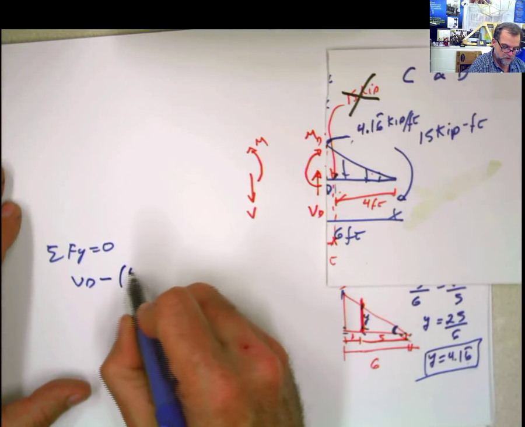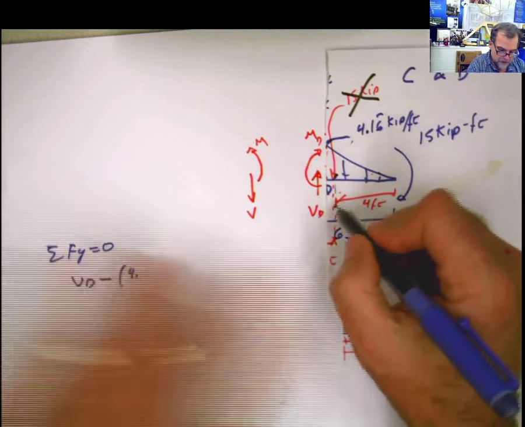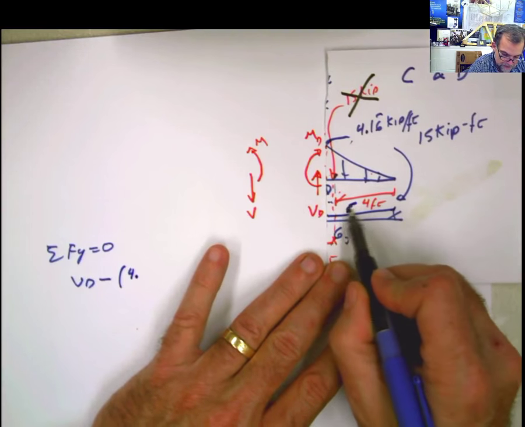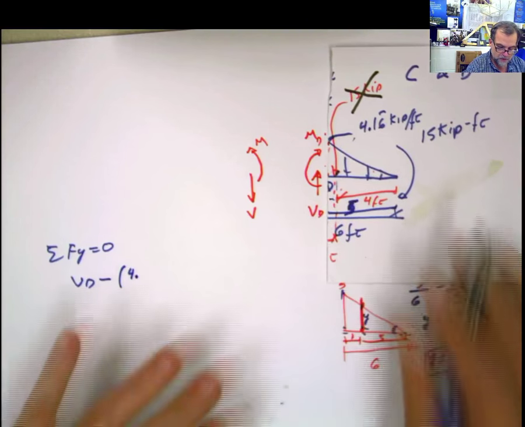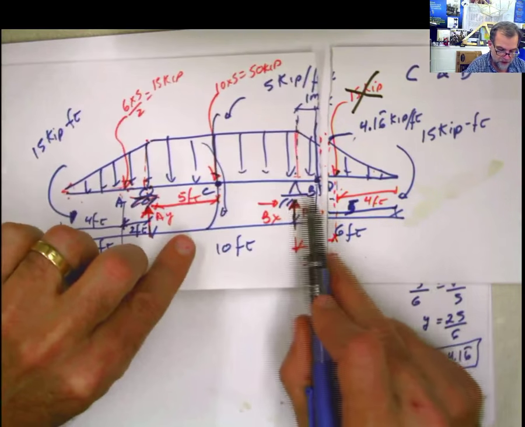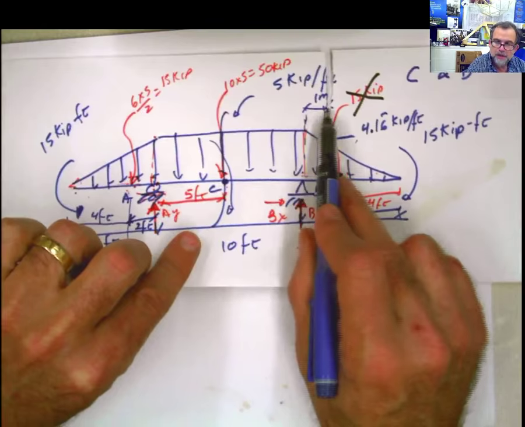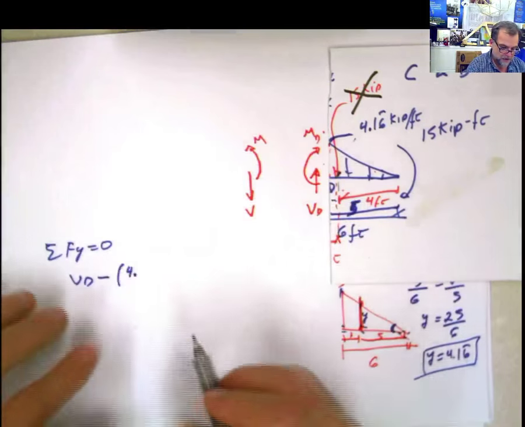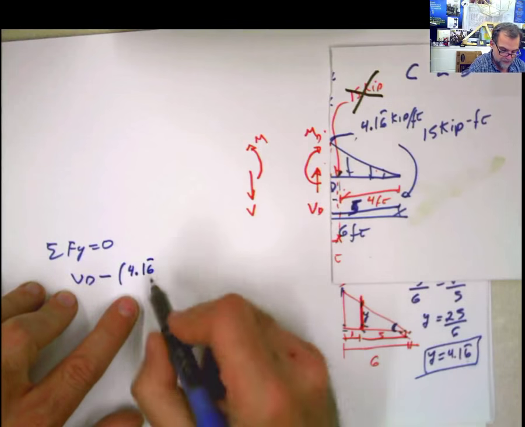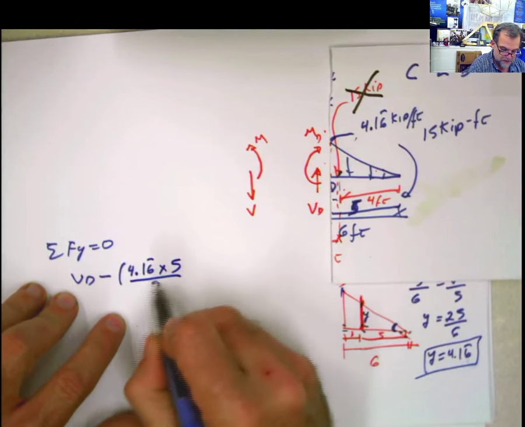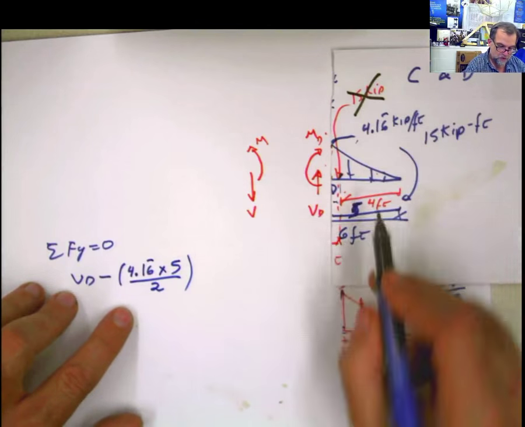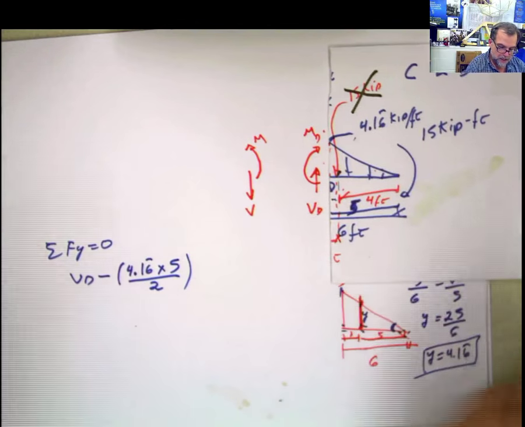Remember, the distance from here to here is 5, because our cut for the point D is 1 meter from here. Remember, in the original problem it says that. I just cut it there. 4.16 periodic, that's the height, multiplied by the base, which is 5, divided by 2. That's the area. That's the equivalent force coming from this small triangle, and I don't have anything else.